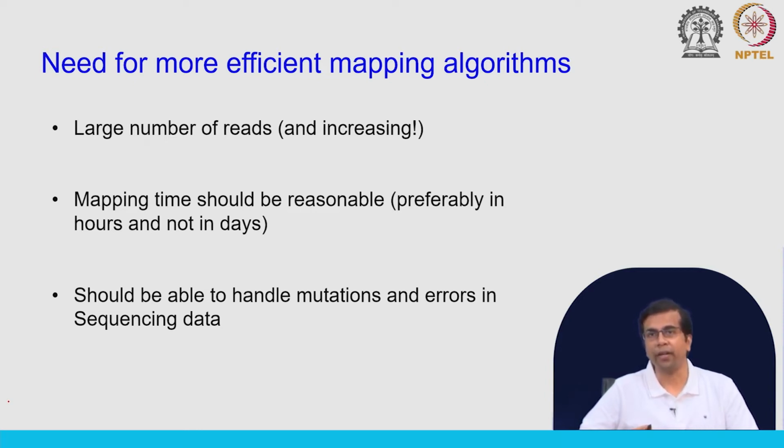These are biological variations that we observe in our samples, and also errors in the sequencing data. We talked about why the errors come and how these are generated for different technology platforms. So, these errors should also be taken into consideration. The algorithm should not just perform matching of perfect data, it should also be able to handle these imperfections.